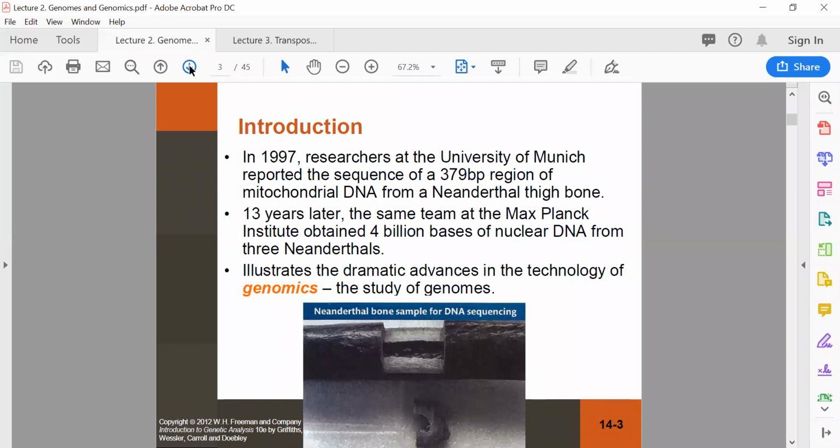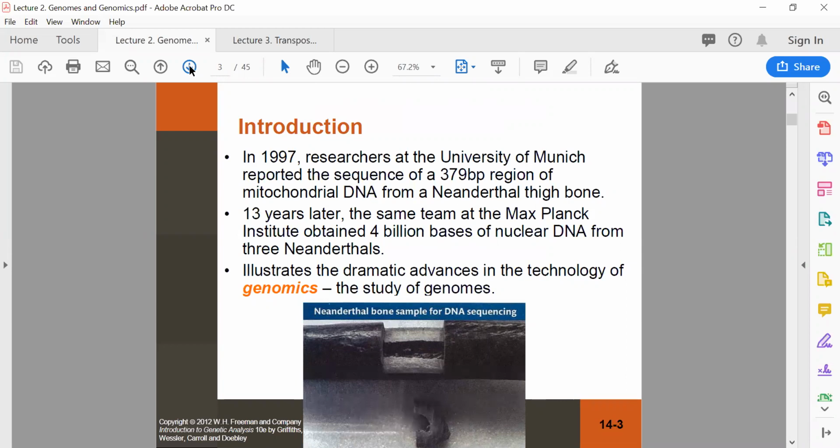And of course, the Neanderthals were thought to have gone extinct about 40,000 years ago. So, a 379 base pair region of DNA. 13 years later, the same research team at the Max Planck Institute, very famous institute by the way, obtained 4 billion bases of DNA sequence from 3 Neanderthal fossils.